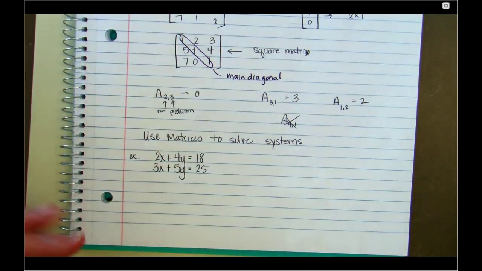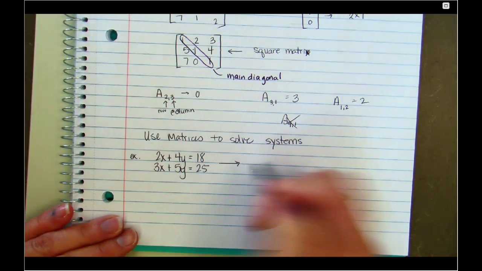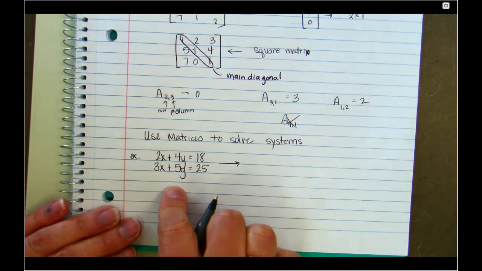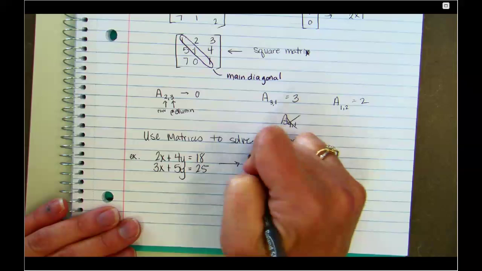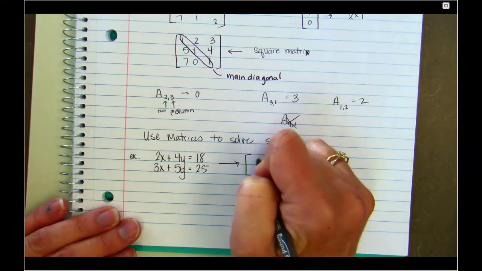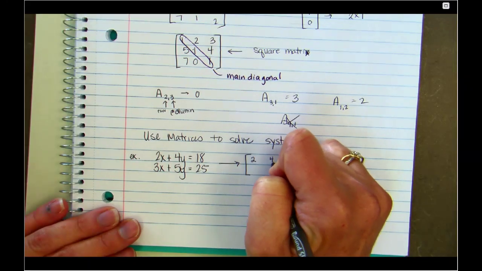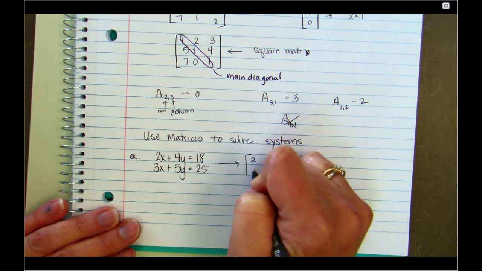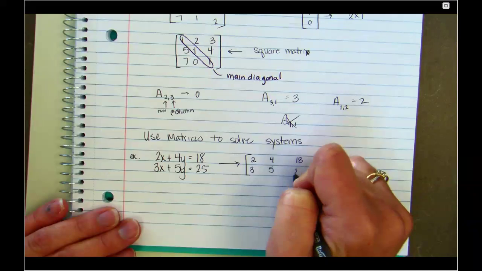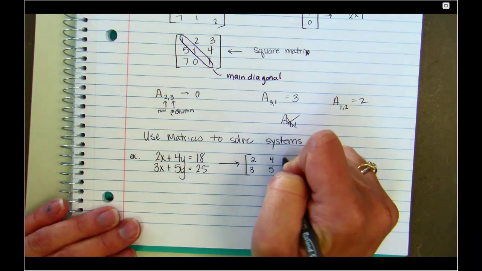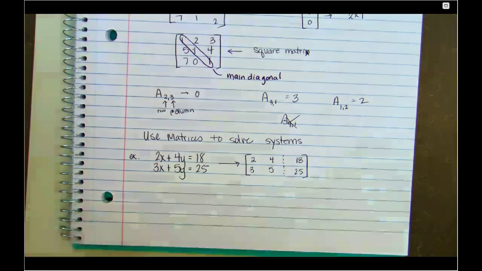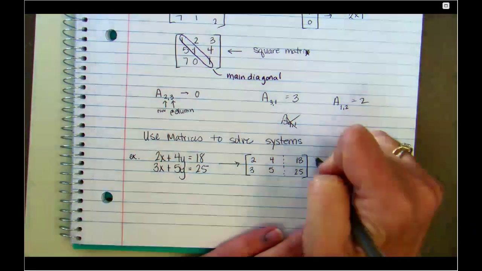If I'm going to use a matrix to solve a system, I have to represent this with a matrix. So I'm just going to show you this because as soon as I show you, you're going to be like, oh, yeah. Okay, this is something called an augmented matrix. That's a funny word.